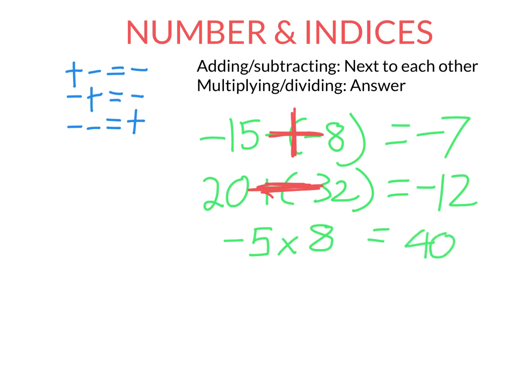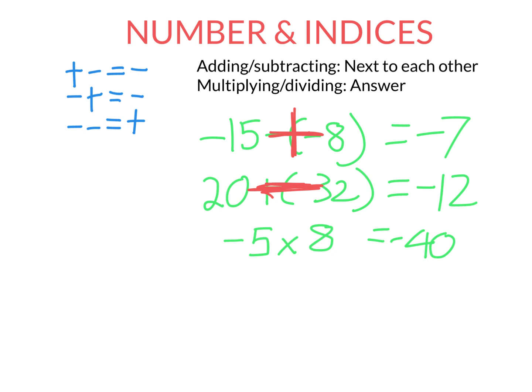Now we need to decide, is our answer positive or negative? When we're multiplying or dividing, these rules tell us about the answer. This tells us that a negative times a positive is a negative answer. So our answer of 40 needs to be changed to a negative answer. Negative 5 times 8 is negative 40.